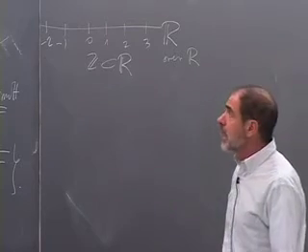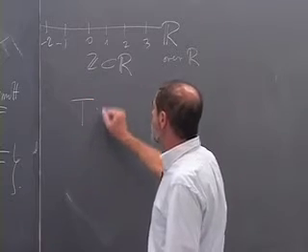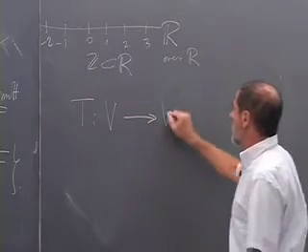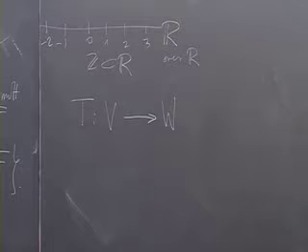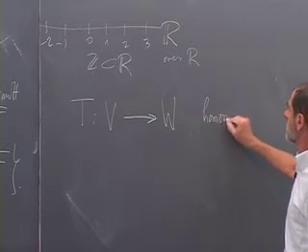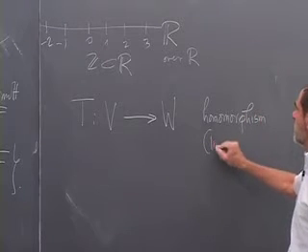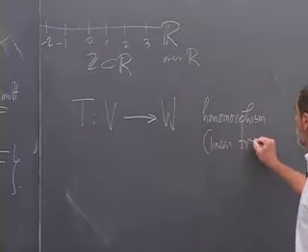Okay? And also the notion of a homomorphism is the notion of a linear map. So if I have a map between two vector spaces, we say it's a homomorphism or a linear transformation.